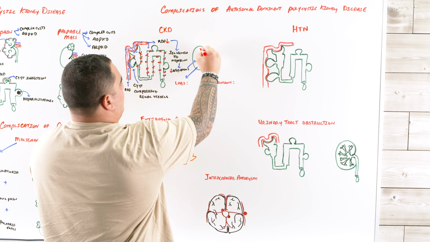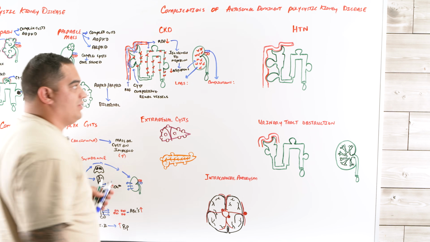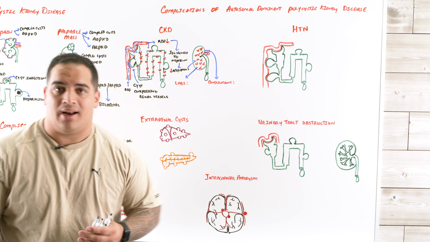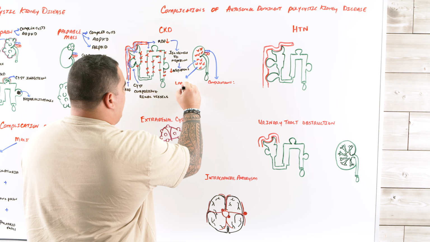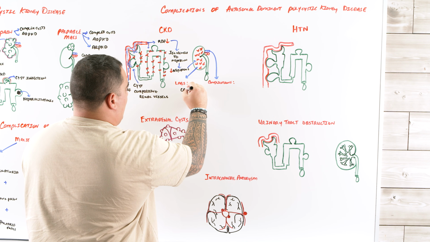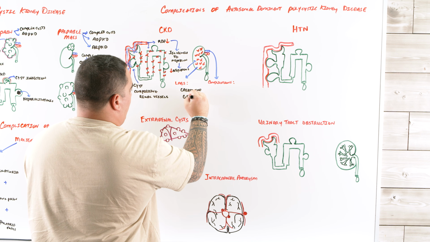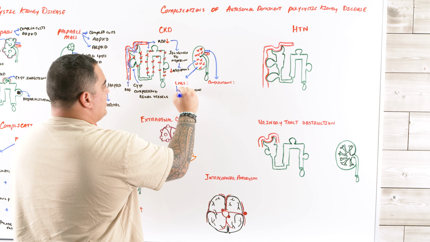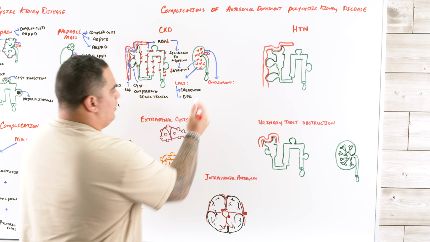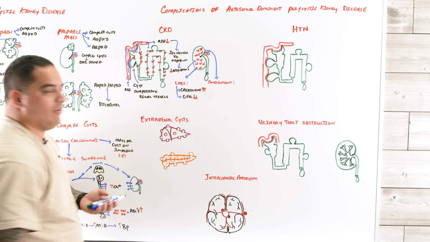This thing is going to start becoming less functional at being able to do what it's supposed to do, which is clear waste products. And so I'm going to start seeing the patient's creatinine start to climb over time, and I'm going to see their GFR start to decrease over time. And so these are going to be parameters that as you're following this young adult, you're going to see an abnormal finding here of an increase in their creatinine and a decrease in their GFR over time.